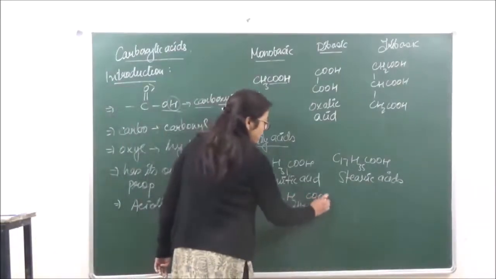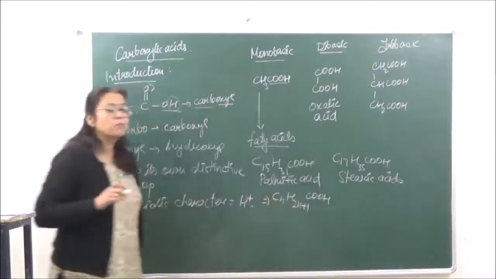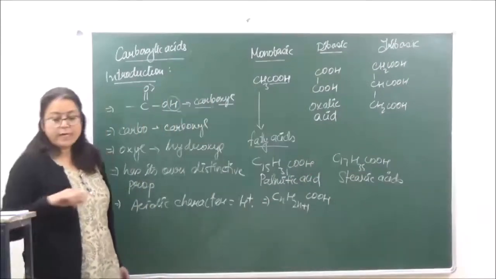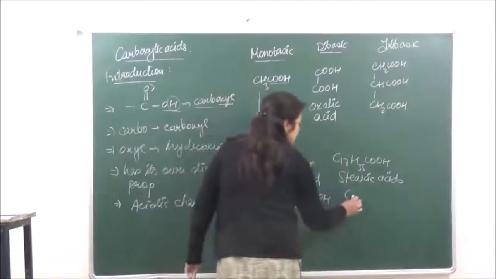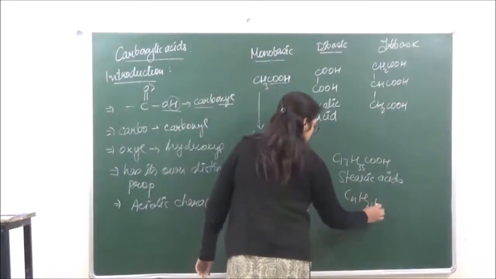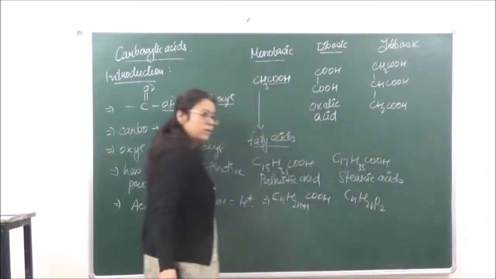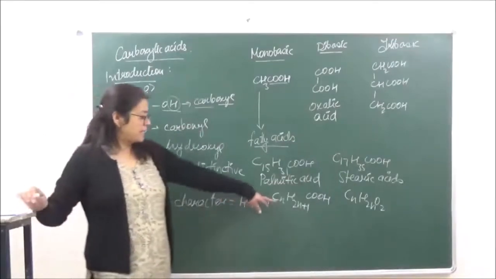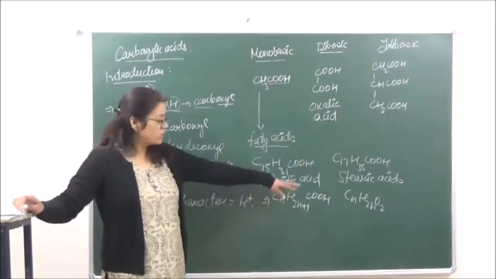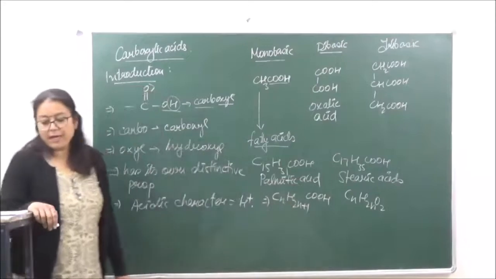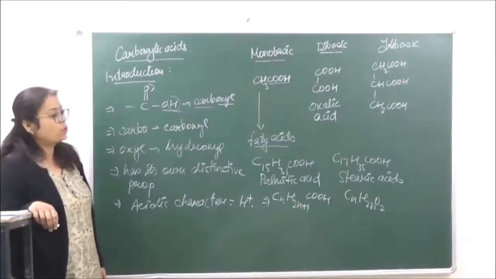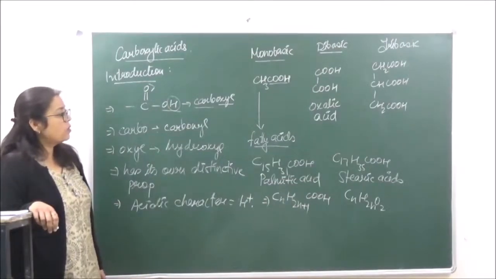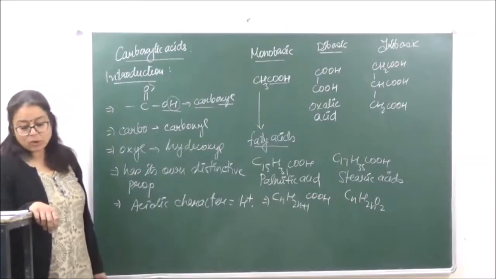This is going to be the general formula of all the monocarboxylic acids, or it can also be put as CnH2nO2. Right? So it can have either a general formula of this, or you can also put the general formula in the form of CnH2nO2. So this is what the general formula of all the monocarboxylic acids is going to be.